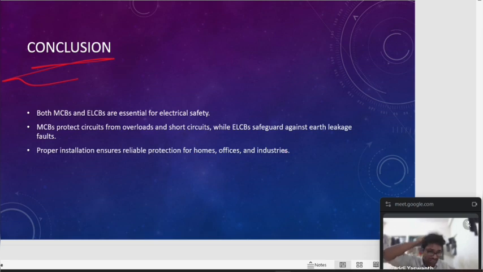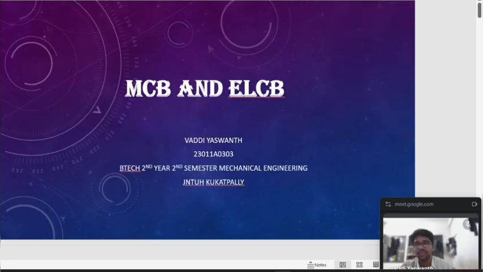This means that we have to use MCB and ELCB wherever required, so that no damage to the electrical appliances will happen. This is the topic of MCB and ELCB. I have explained whatever concept I have known.